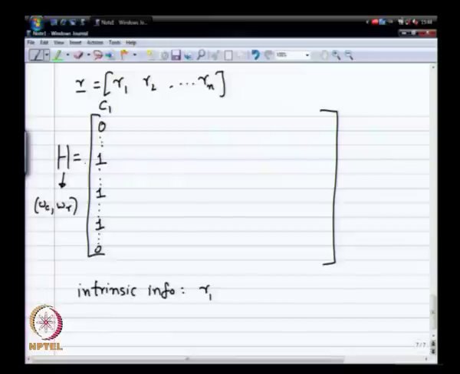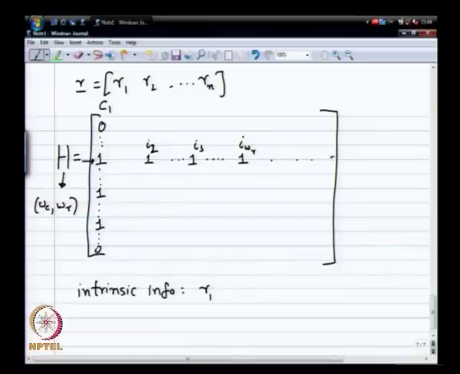Let us say the first one that you take has a 1 in position I1, I2, and then a 1 in position I3, so on till a 1 in position IWR, and 0 elsewhere. There are WR ones like that.